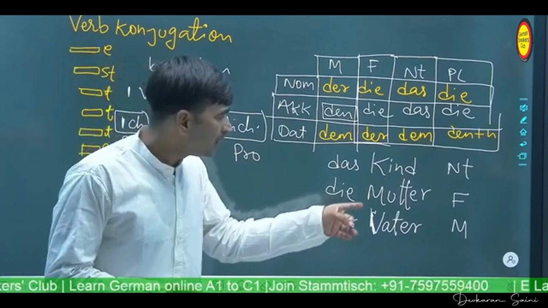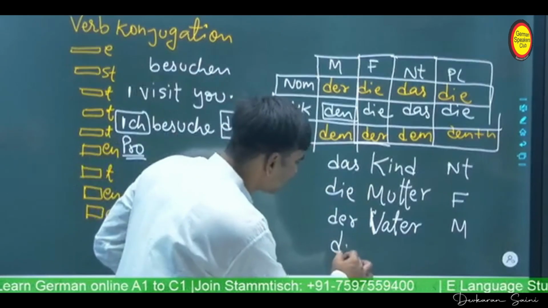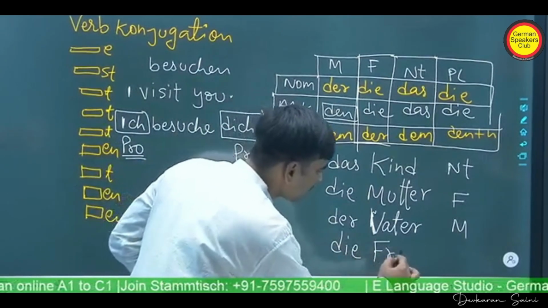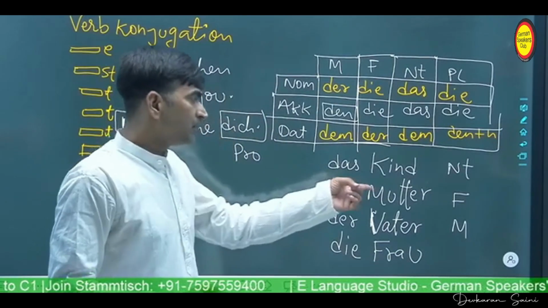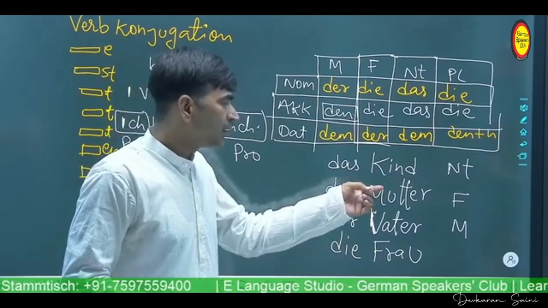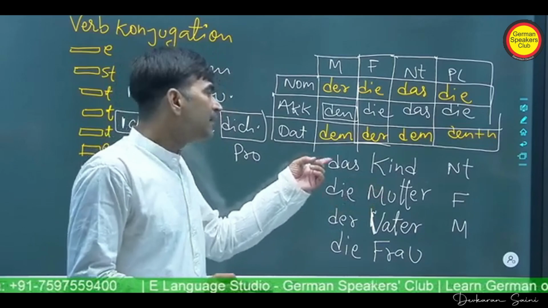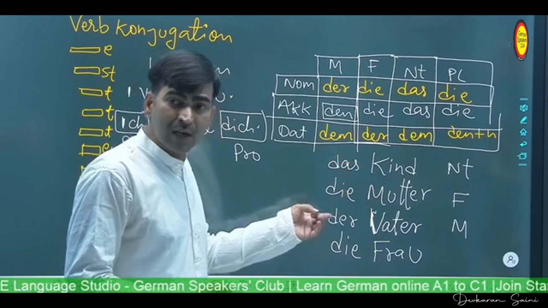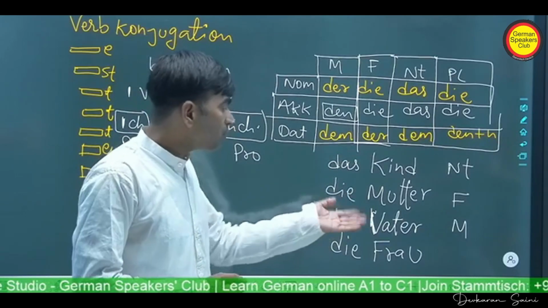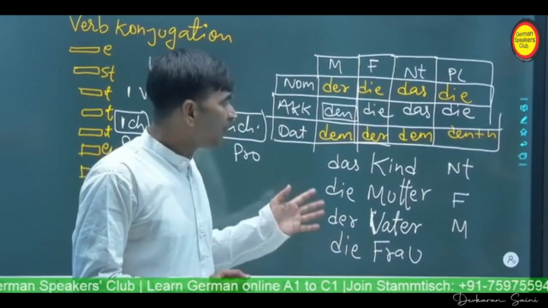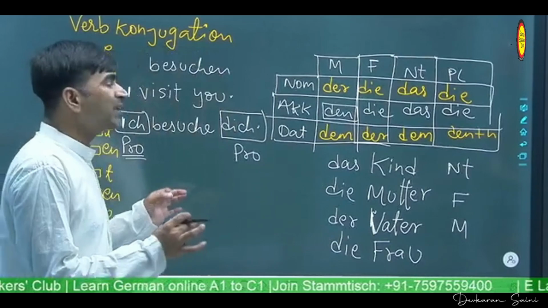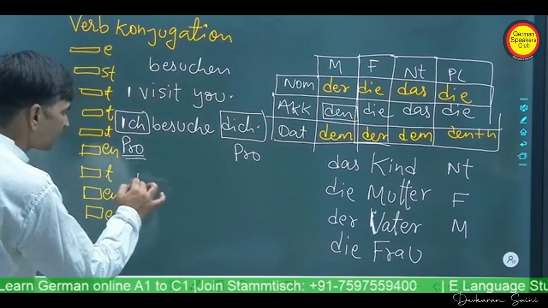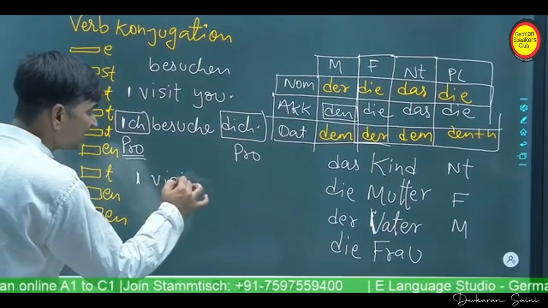And dich is an object pronoun, because I'm visiting a person, maybe it's Ravi to whom I'm saying this. But at times we have to use a noun as well. Instead of I visit you, I could say I visit the lady, or I visit Dev Karan.